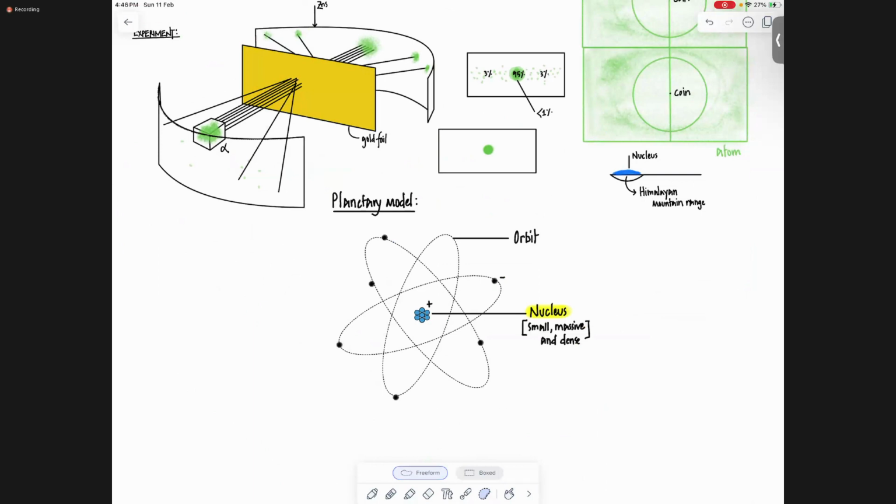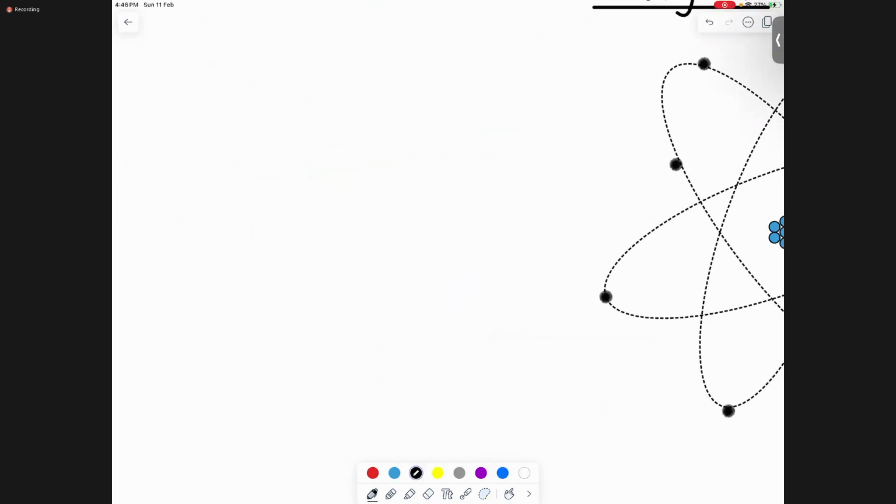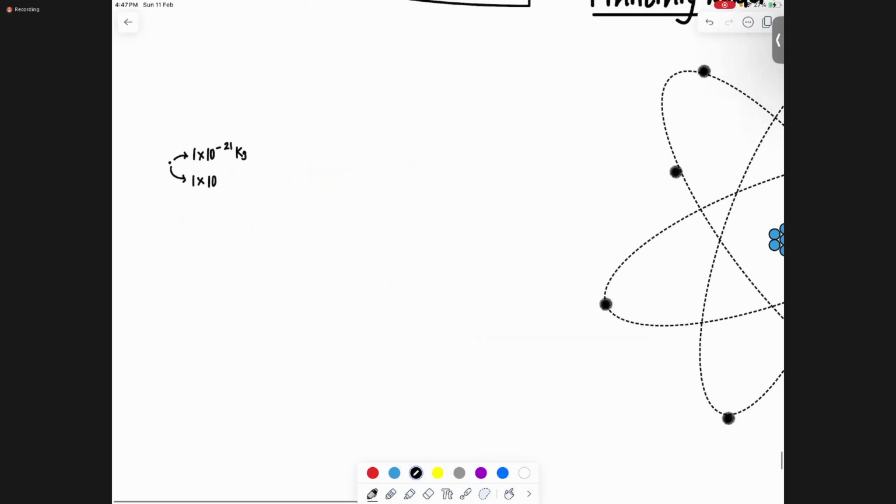হ্যাঁ, that's the thing. মানে আমি তোমাদেরকে সিম্পল একটা এক্সাম্পল দিই, তোমরা যদি ম্যাথ করতে চাও করে দেখতে পারো। This is nucleus, okay? এটার মাস হচ্ছে 1 into 10 to the power minus 21 kilogram, okay? আর এটার ভলিউম হচ্ছে 1 into 10 to the power minus 40 meter cube.